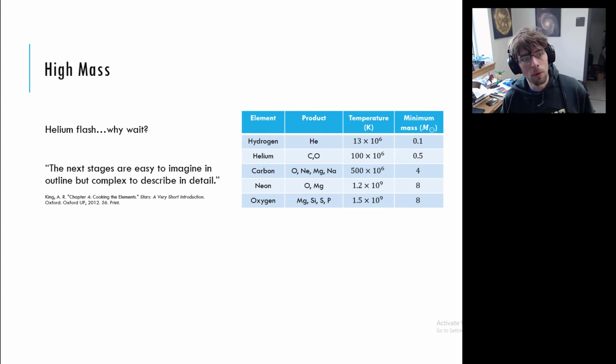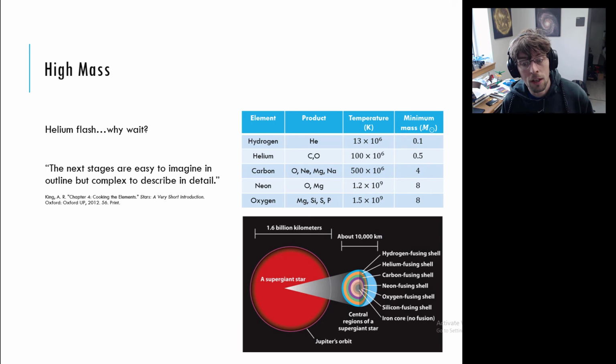So what you end up with in some of these high mass stars is what I promised you at the beginning, gobstoppers. You have a core that might have neon or oxygen fusing, and then surrounding that core will be different shells of various elements undergoing that fusion process.